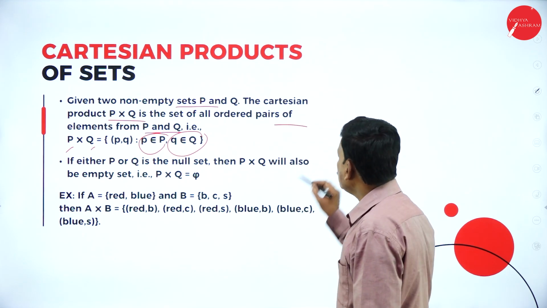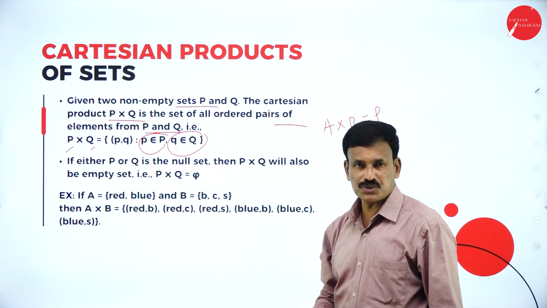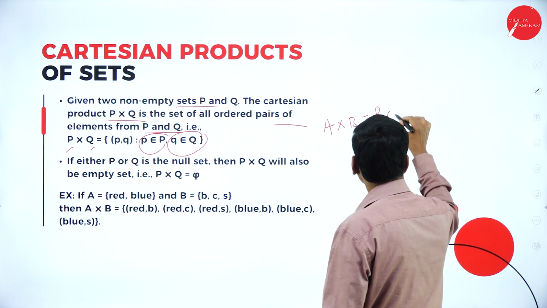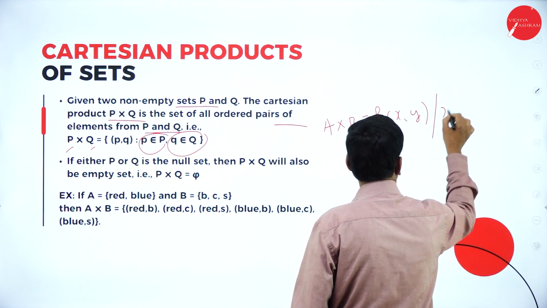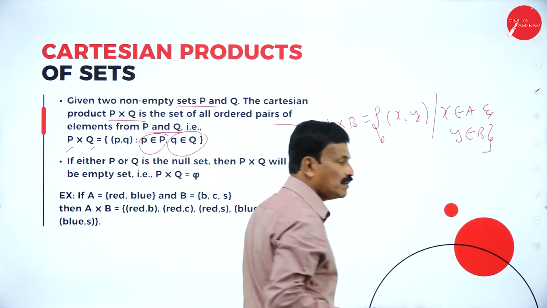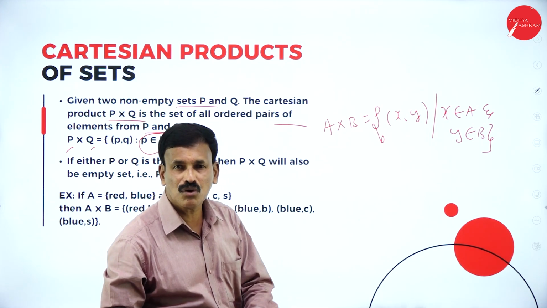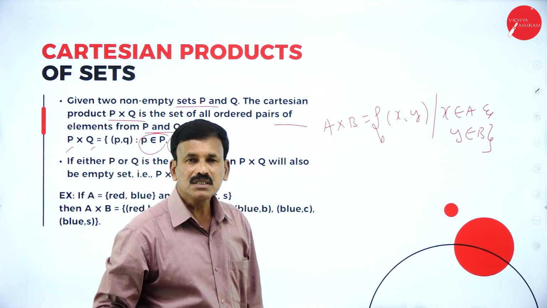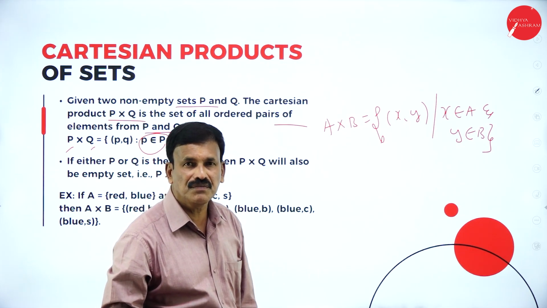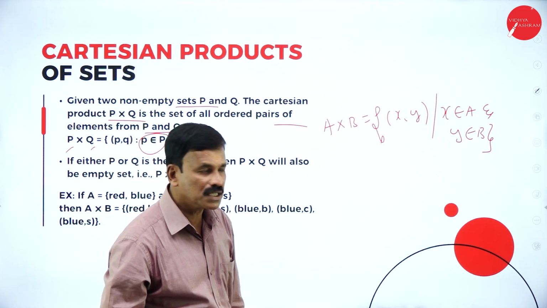So if A and B are any two sets, then the Cartesian product of A and B is denoted as A cross B, which is equal to the set of (x, y) such that x belongs to A and y belongs to B. That means the first member is an element of set A and the second member is an element of set B. This set of all ordered pairs is called the Cartesian product.